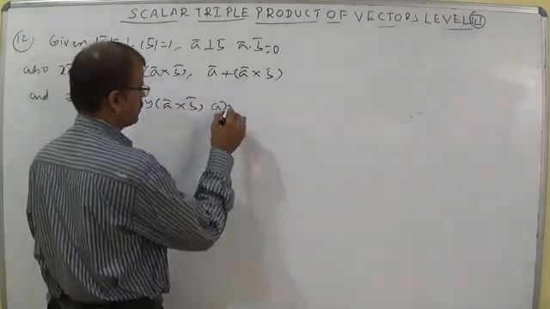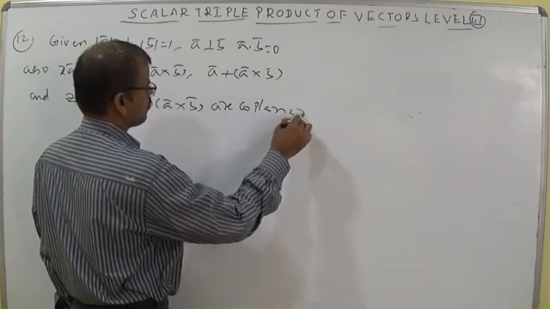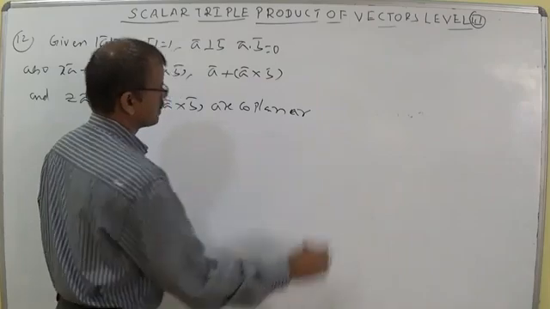Lie in a plane means these three vectors are coplanar.